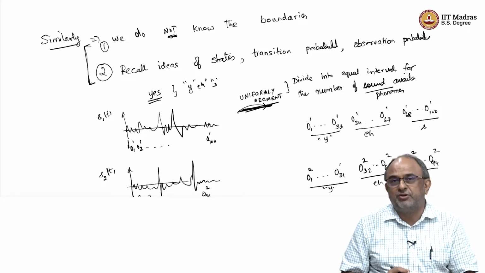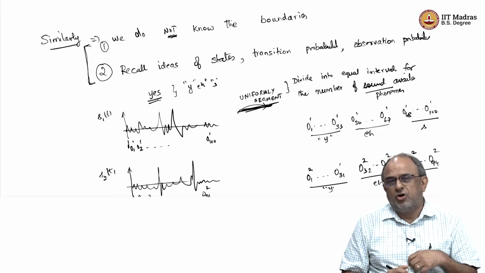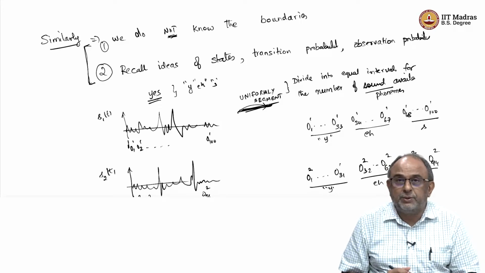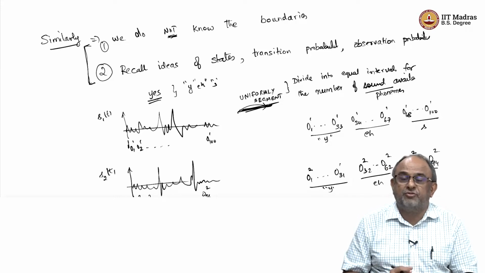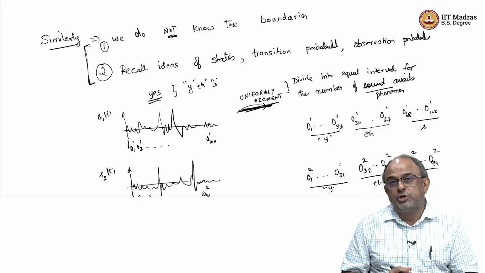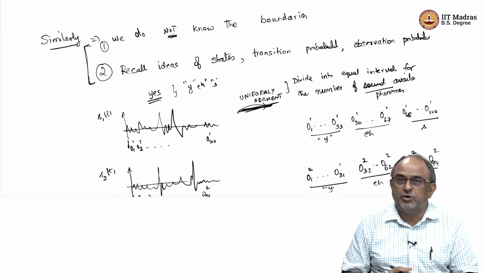In our case, we will always take the log filter bank features or MFCC features. But the problem is that I do not know which of these features belong to the sound ear, which belong to a, and which belong to s.